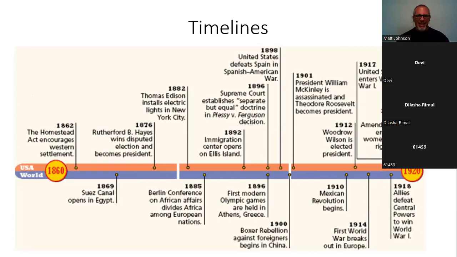But that's basically timelines, along with maps and the other types of graphical visual data that we've seen, graphs and tables. Other types of statistics would all potentially appear on your social studies test.